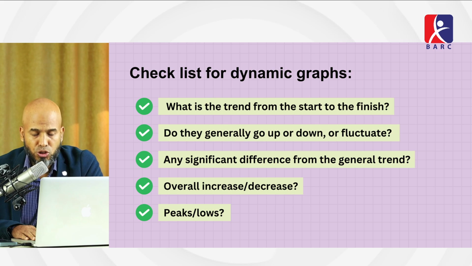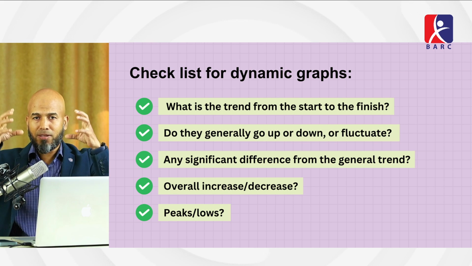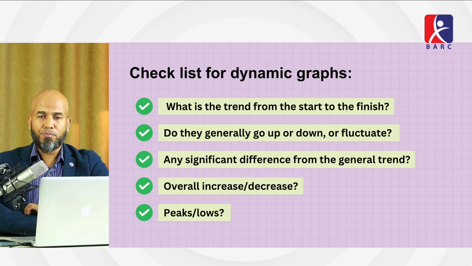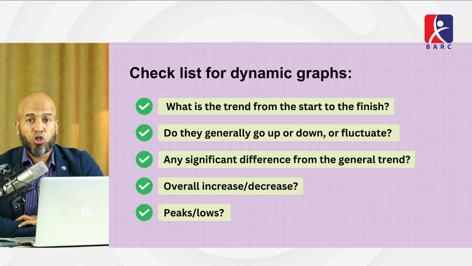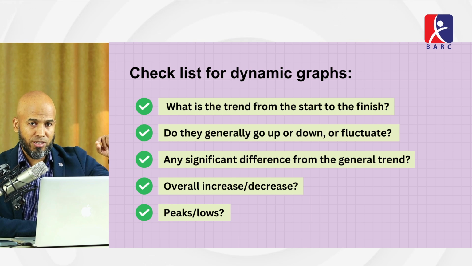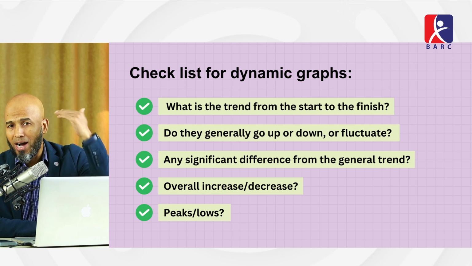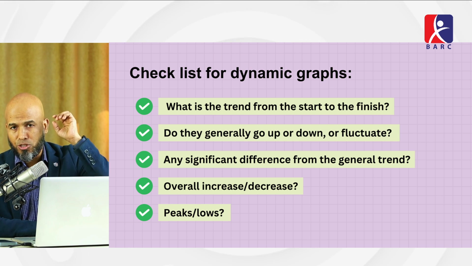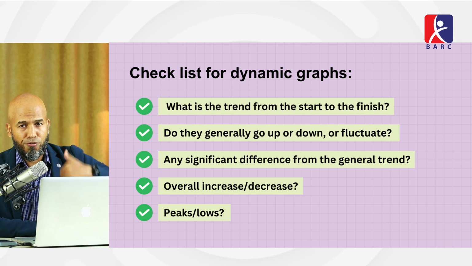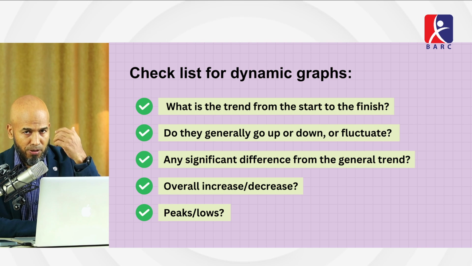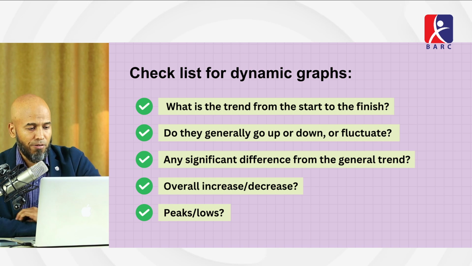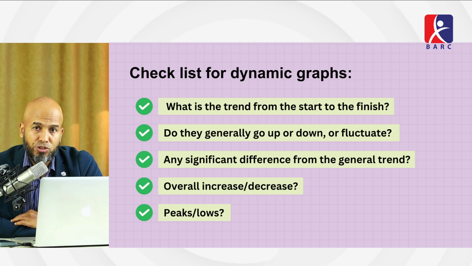So if you'd like to pick the main features, the main areas, the trends, these are the very critical questions that you ask yourself as soon as you find a graph or a chart, pie chart, line graph. If this is a dynamic chart, you ask these questions.